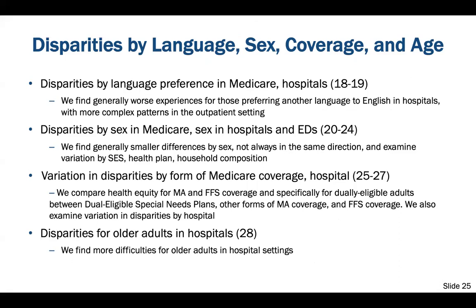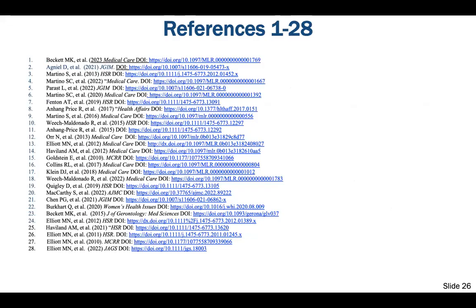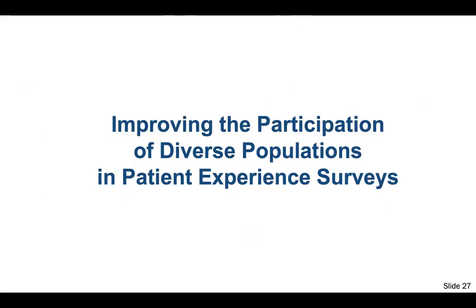We've looked at variation by sex in various settings, and we've also looked at the extent to which different forms of coverage, different plan types, different hospital types show different patterns of disparities. And then also more recently, we've looked at some age-based differences in hospitals. Next slide. And then next slide again.